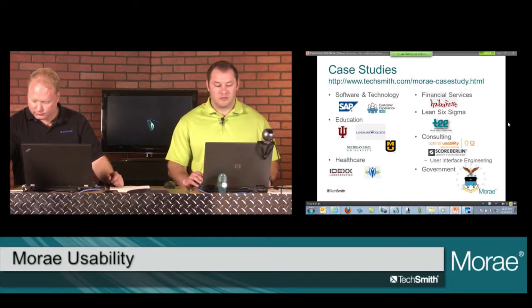Missouri has a great usability lab. Healthcare is pretty big right now, considering the electronic medical records and trying to get those widely adopted. So I just want to give you an overview and that URL so you can check those out. There's some great stuff there, all the way from consulting, to education, and even a little bit about the Lean Six Sigma that we mentioned earlier.